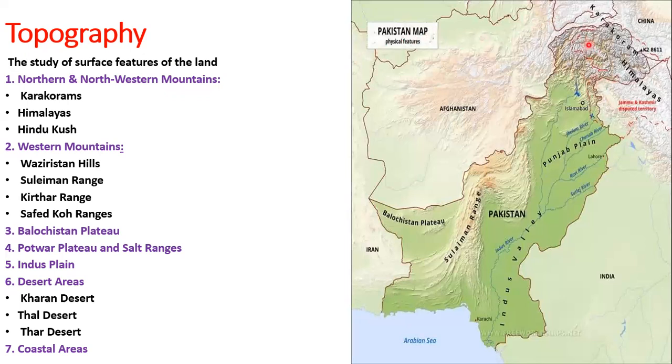Gilgit-Baltistan, the northern areas, Azad Jammu and Kashmir, and Indian occupied Kashmir, the disputed territories, actually make up these northern and northwestern mountains. Clear? This region includes the Karakoram, Himalayas, and the Hindu Kush mountain ranges.